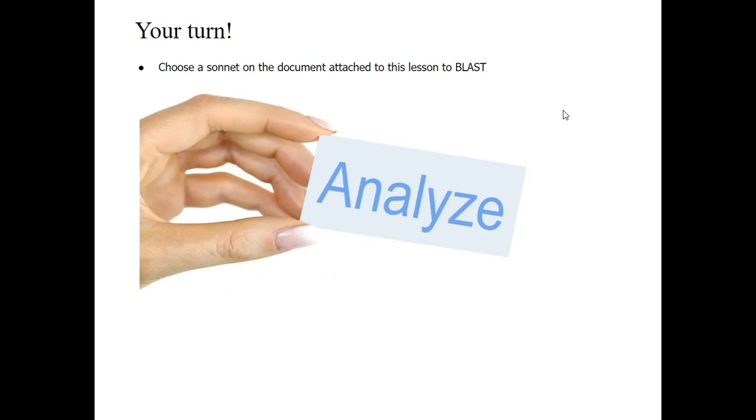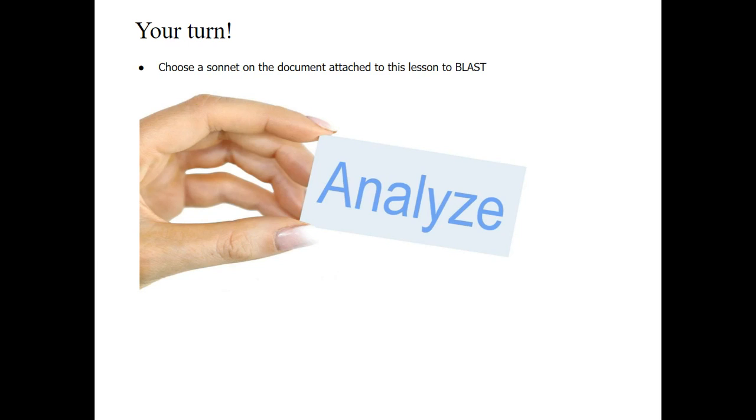You're going to have a document attached to this lesson that you are going to blast. Actually, there are going to be 2 poems, and you get to choose which one you want to blast. So make sure that you are identifying the parts that you're summarizing, the language and what they mean, the attitude, the shifts, and the thematic statements.